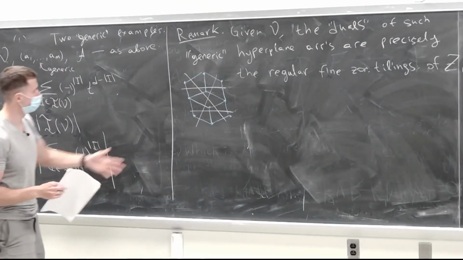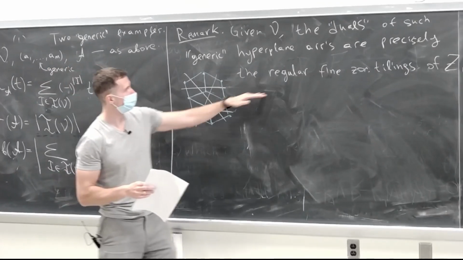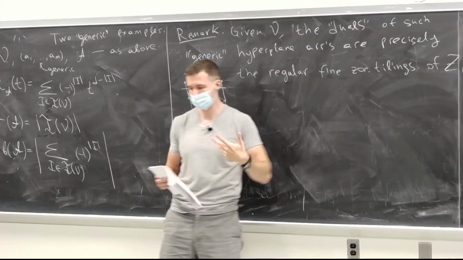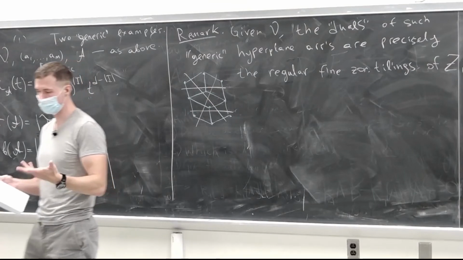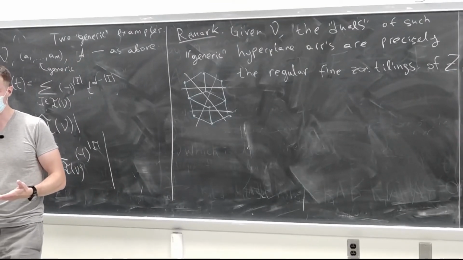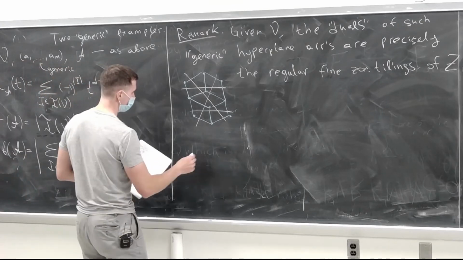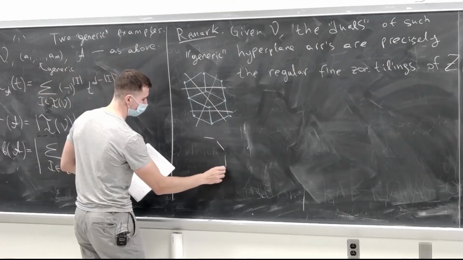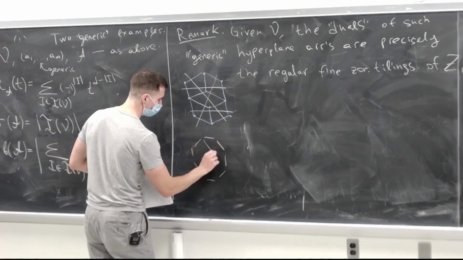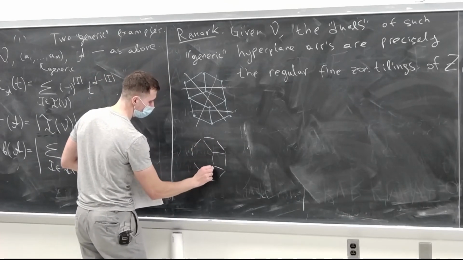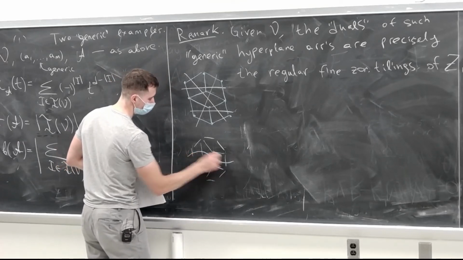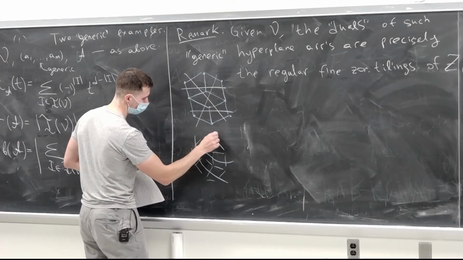So yeah, in particular here, remember I mentioned before that in 2 dimensions, the regular fine zonotopal tilings are dual to pseudo-line arrangements, which are stretchable. For any zonotopal tiling, you can draw a pseudo-line arrangement, something like this.